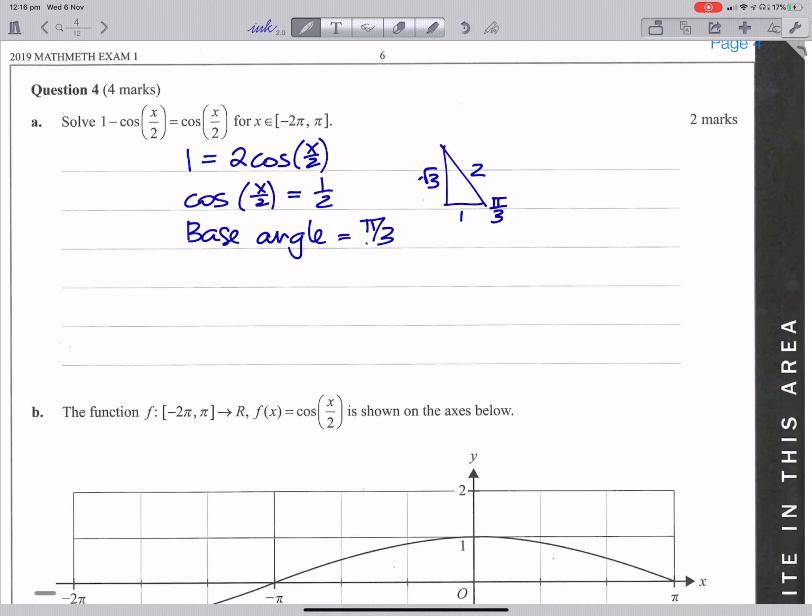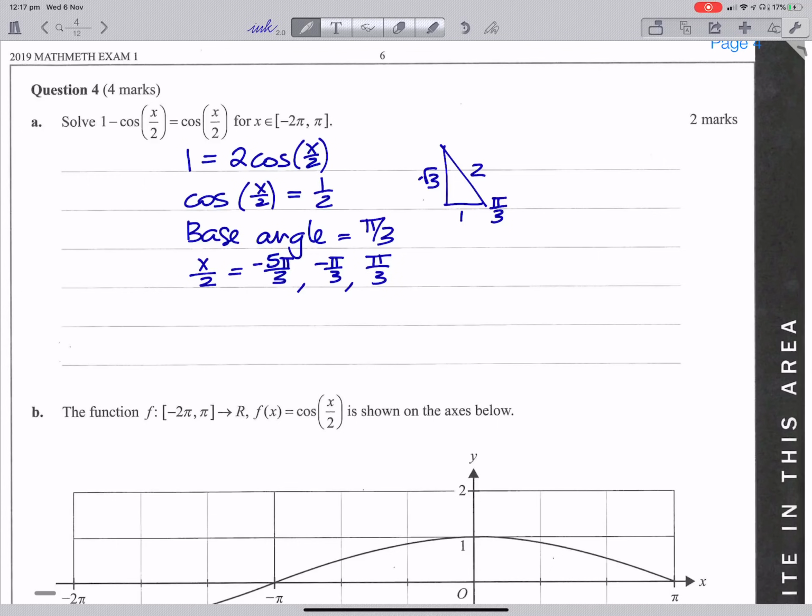Okay, so we get x on 2. Now, because we're going from negative pi to pi, we've got to get when cos is positive. So negative 5 pi on 3, negative pi on 3, and pi on 3.